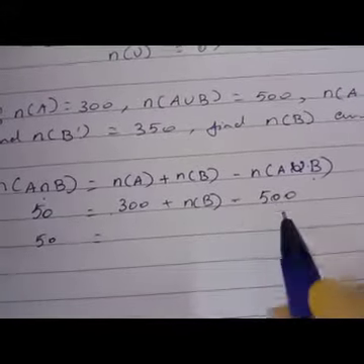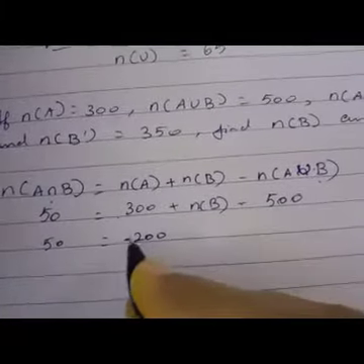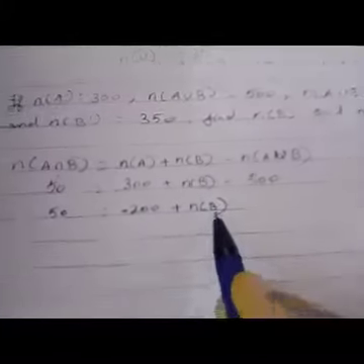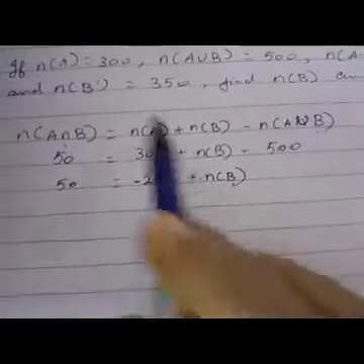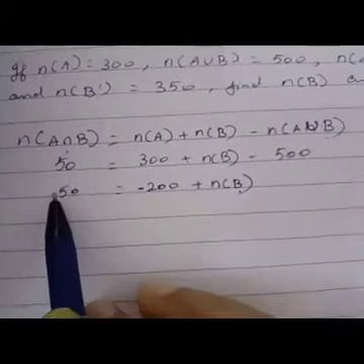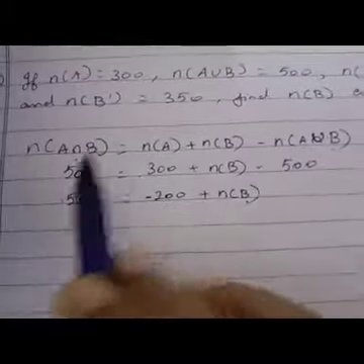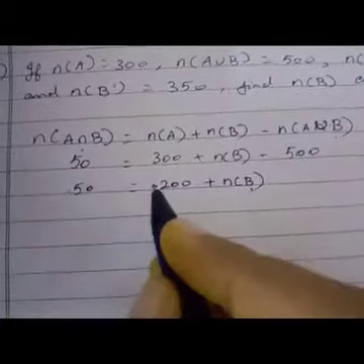Therefore, 500 minus 300 is 200, so it is minus 200 plus n of B. Now you need to find only n of B. So you can take this minus 200 to the left hand side. If you take it from the right hand side to the left hand side, a negative number changes into positive. Therefore, n of B is equal to 250.